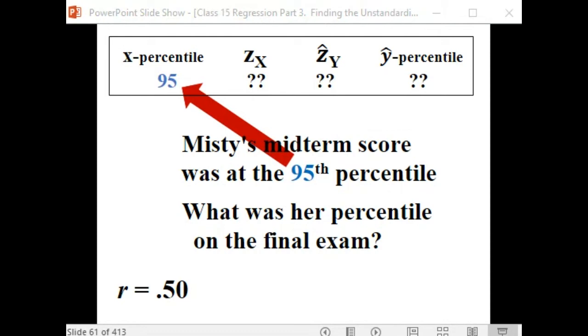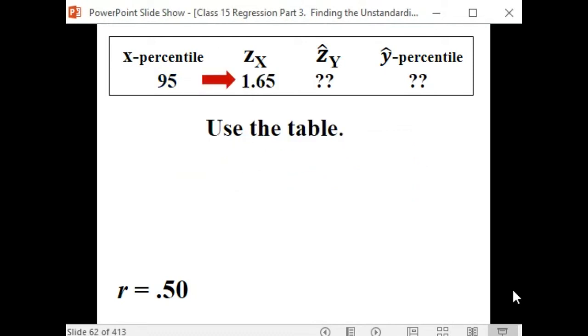Next, we need to turn the percentile into a z-score. The only way we can turn a percentile into a z-score is to look at the table, which you're already familiar with. So a percentile of 95 is equivalent to a z-score of 1.65, according to the table. Now it's time to use the magic formula.